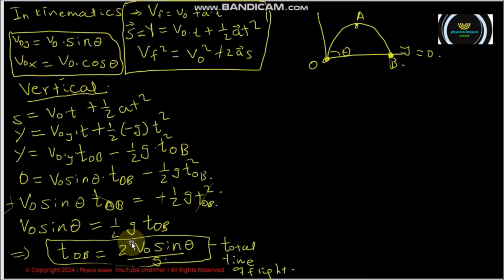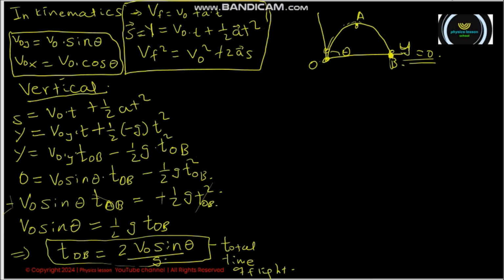We already calculated the time of flight from O to B. At point B, the vertical displacement when this object is projected and arrives from point O to A, then B, is 0. So the time of flight is calculated by 2 v naught times sine theta over g.